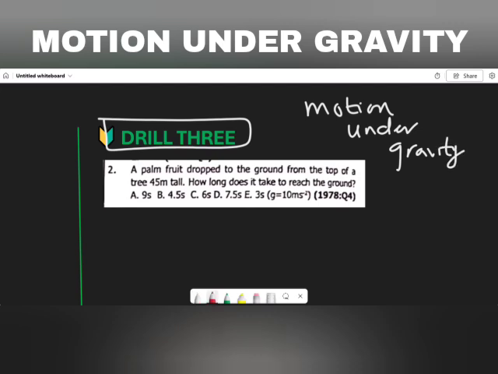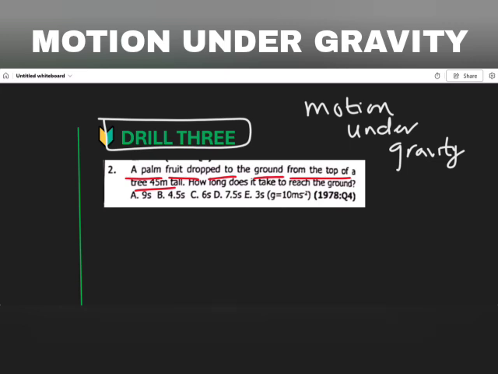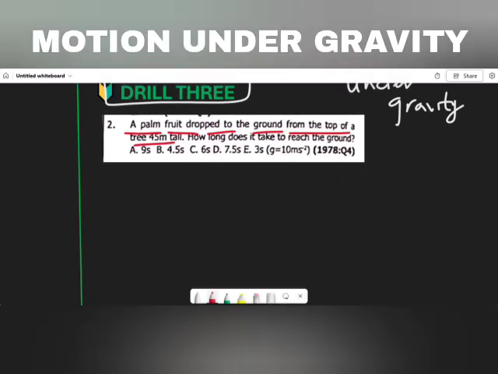In the question we are given that a palm fruit dropped to the ground from the top of a tree, which is 45 meters tall. Now in this question, we are going to imagine some imaginary vision. So let's have a tree.